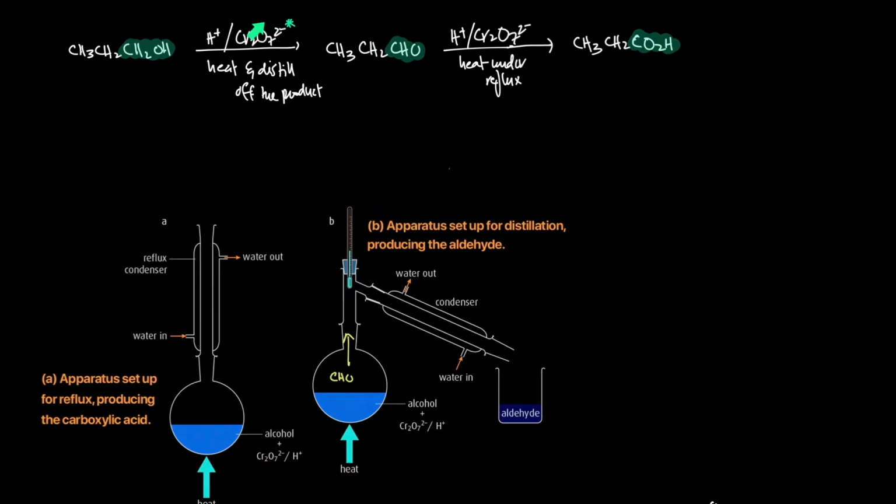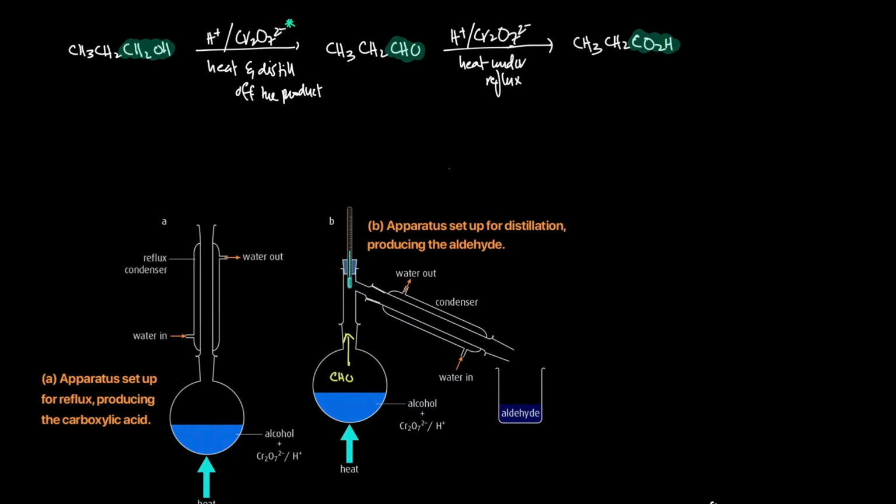Now, if you're using a stronger oxidizing agent like manganate, that conversion will happen faster. As the aldehyde is being made, it then reacts further to become acid. If you use a weaker oxidizing agent, less of the aldehyde will convert to acid because it'll take more time. Weaker oxidizing agent means that the aldehyde has more time to escape before it's converted into an acid. So it's better to use dichromate for this reaction, especially for the heating and distilling of the product.